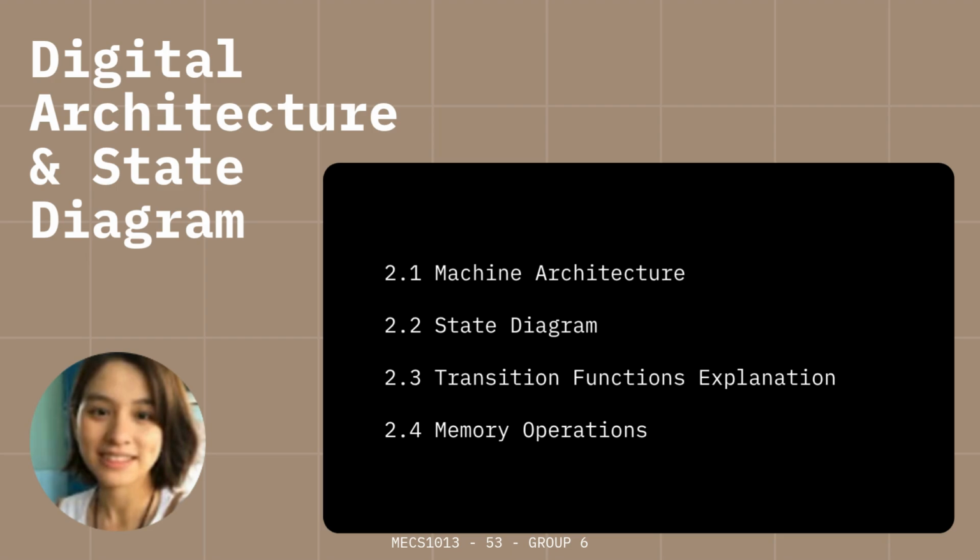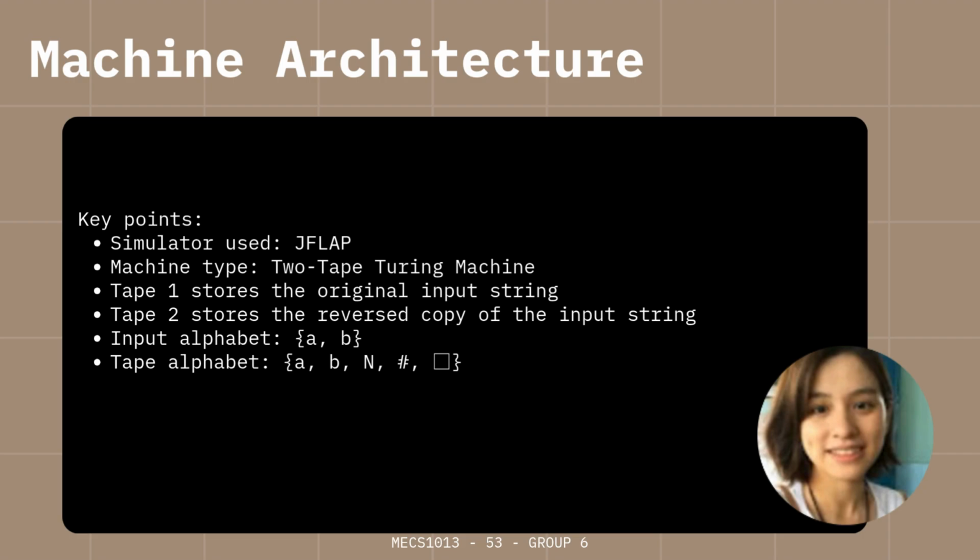Thank you. I'm Grace. For my part, I will explain the digital architecture and state diagram for our multi-tape Turing machine for palindrome recognition. My section focuses on how the machine is designed and how the states work in JFLAP. Our machine uses two tapes.